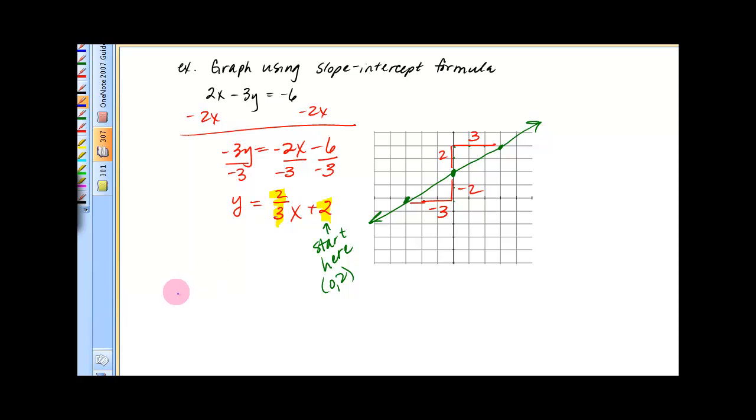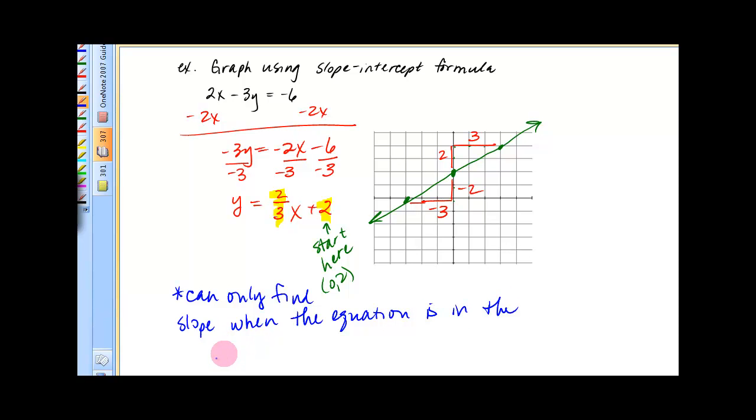So I can only find slope when my equation is in the slope-intercept formula. I can't just look at this equation up here and think, oh, the slope has to be 2, because that's not right. My slope is actually 2/3.